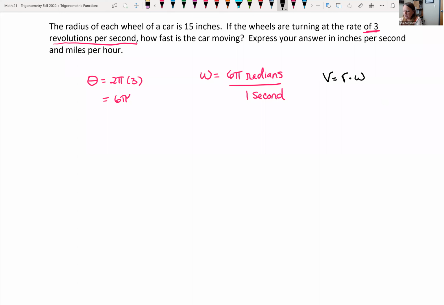And so we have here that our radius is 15 inches. So our linear speed is 15 inches all times that 6 pi radians over 1 second.